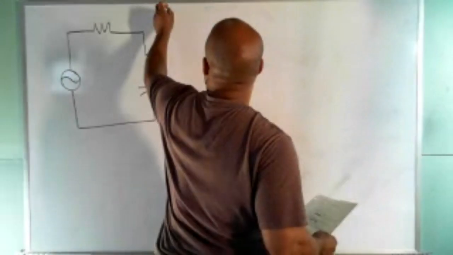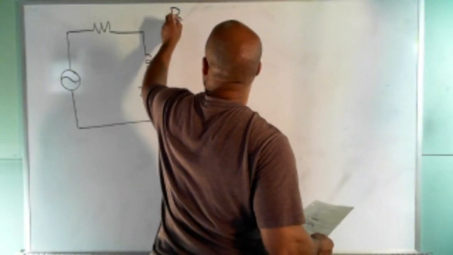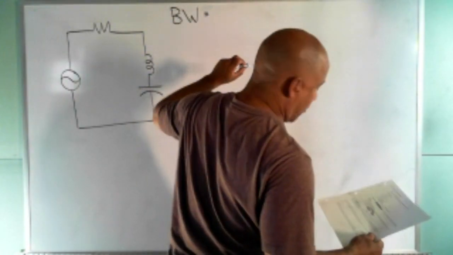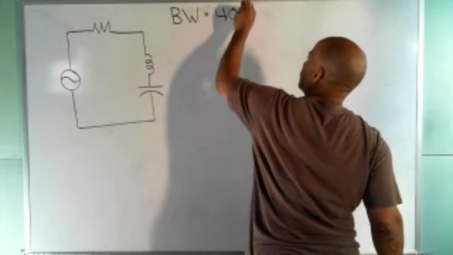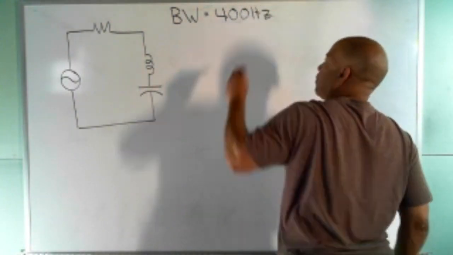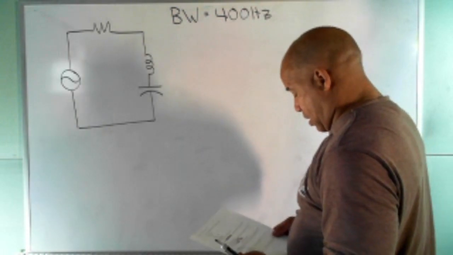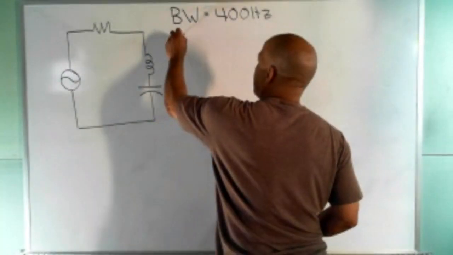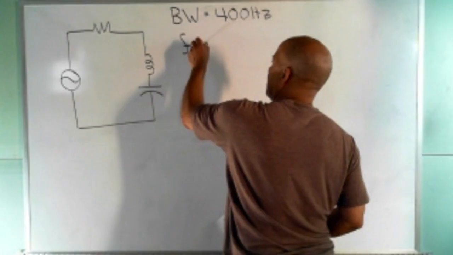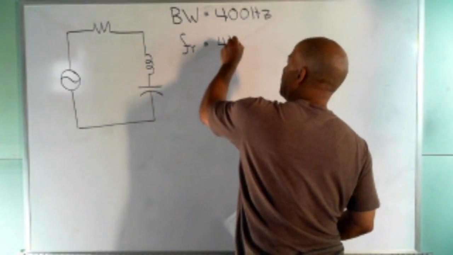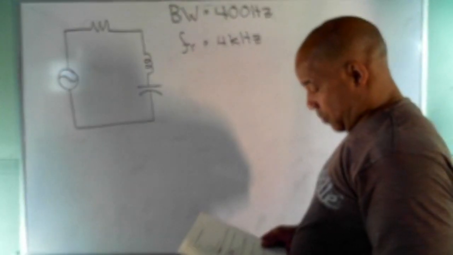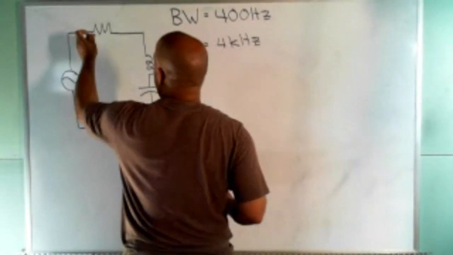They give us the bandwidth of the circuit, which is 400 hertz. They give us the resonant frequency, 4 kilohertz. It tells us that the resistor value is 10 ohms.